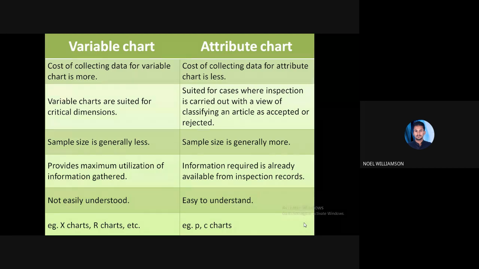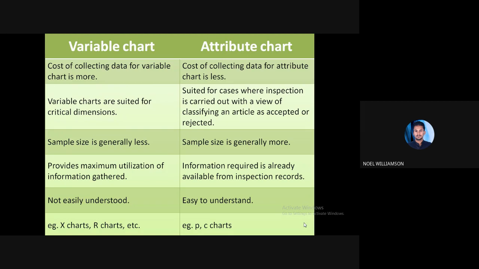If it goes into the go gauge, it can be accepted, and if it does not go inside, then we can reject it. Likewise, there are yes or no type of cases, and then we can say if it is accepted or rejected.